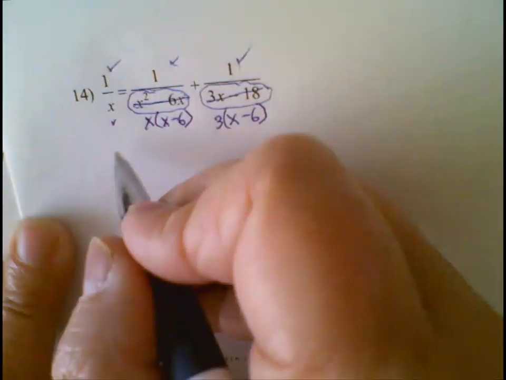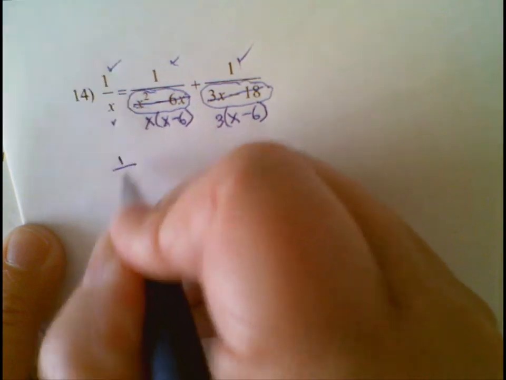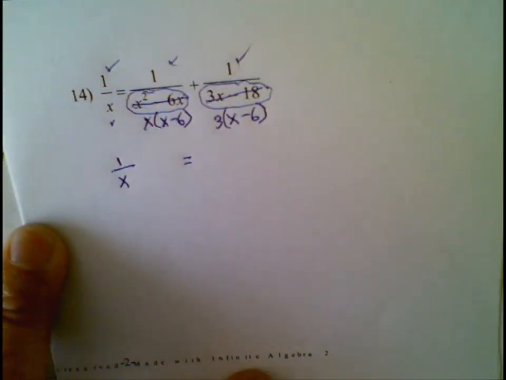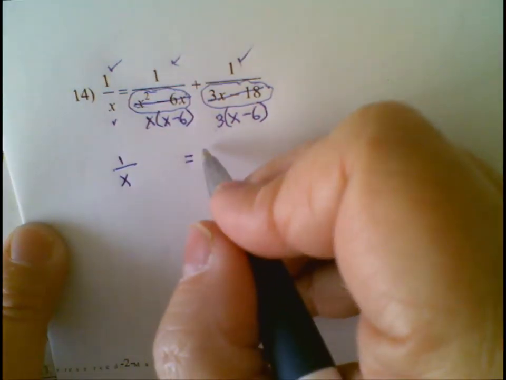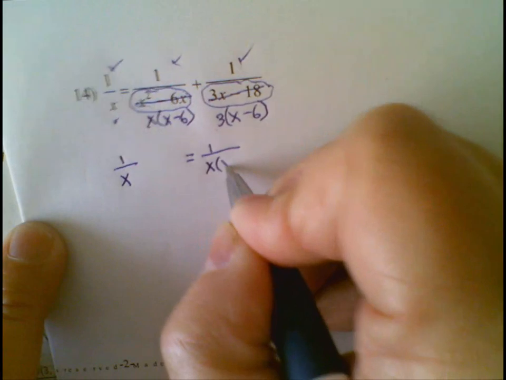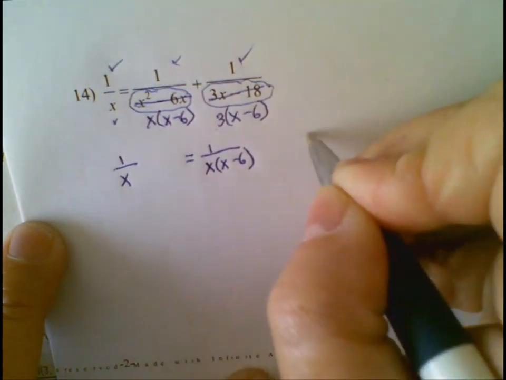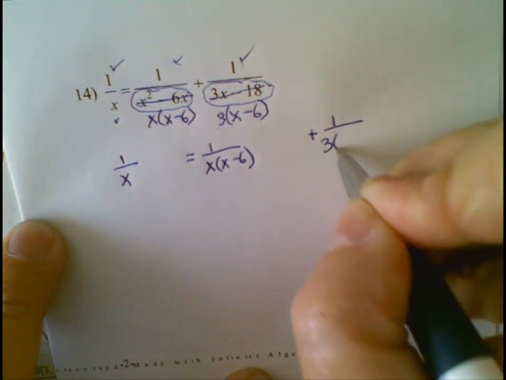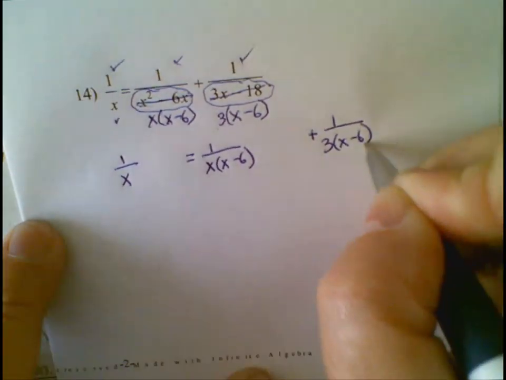So I'm going to rewrite this just to make it a little nicer. So I have 1 over x, and I'm going to leave some space because I know I'm going to need to multiply by some missing factors in a minute. And I have 1 over x times x minus 6 plus 1 over 3 times x minus 6.